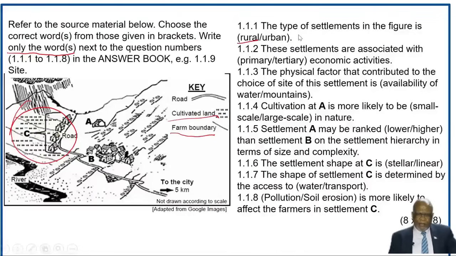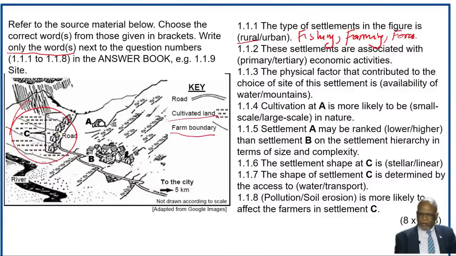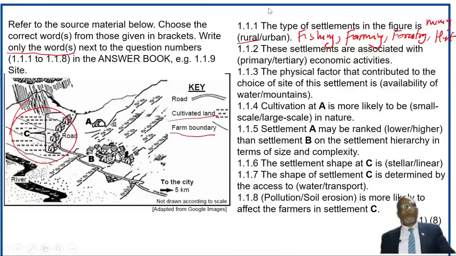What are primary activities? Fishing, farming, forestry, mining, and hunting. These are examples of primary activities. So when you say a settlement is rural, we are classifying settlements according to function.